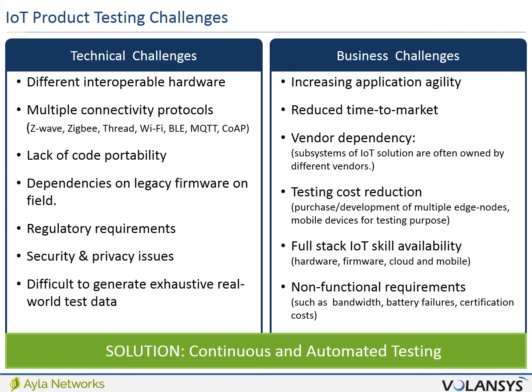We need to ensure that we receive each of the IoT components with the right quality and on time, as well as ensure that we have full-stack skill set expertise available in-house to make such a product. While development is ongoing, releases also come at a very incremental and rapid-fire pace, so testing releases with incremental builds is also a challenge.